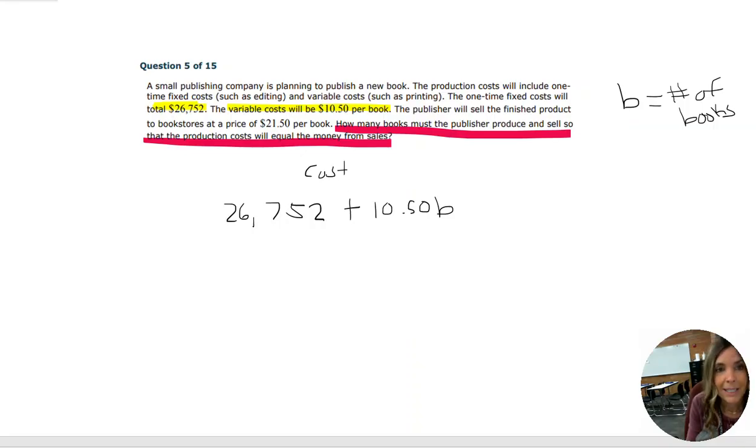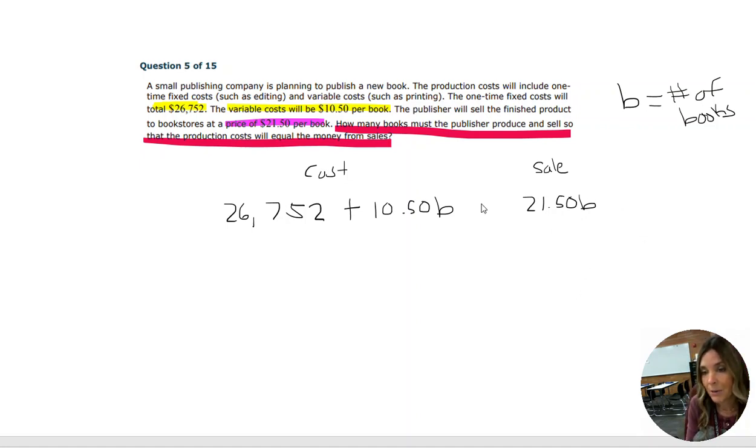And then it says the publisher will sell the finished product to bookstores at a price of $21.50 per book. So the expression for that would be $21.50 per book. This is the amount of money they make for the sale of the books, $21.50 for every book they sell.